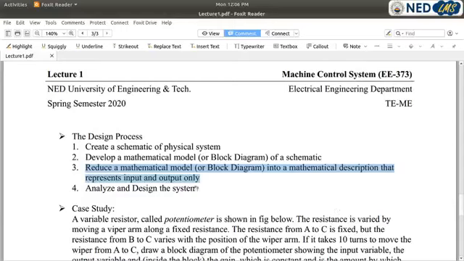The last step in the design process is to analyze or design the system, whichever is required. This is also a mathematical process.